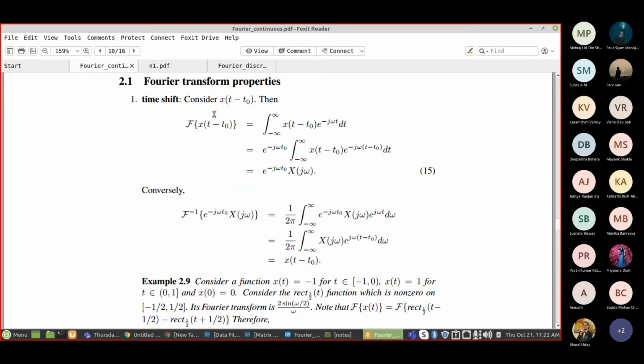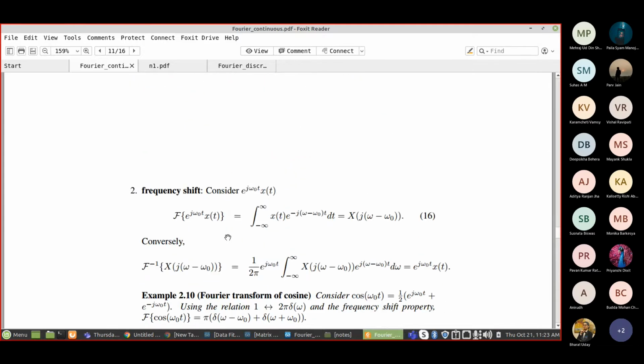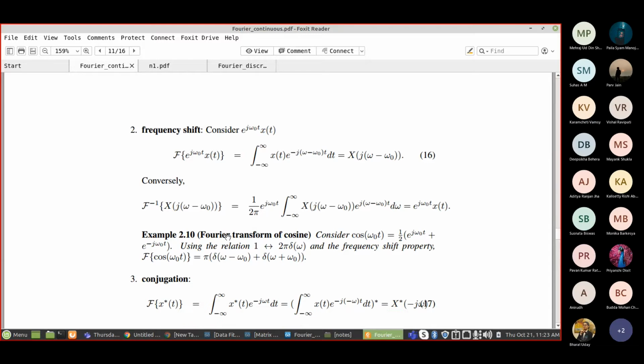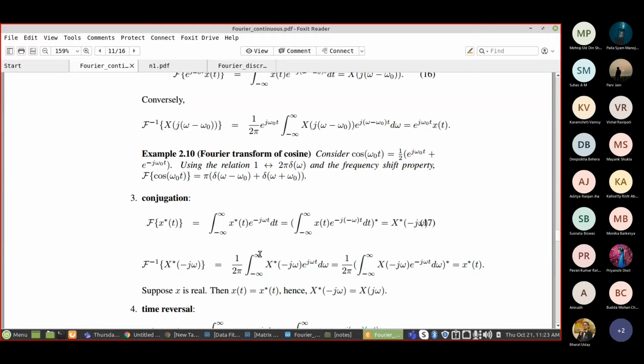If you do time shift here, this is what you get as its Fourier transform, and the inverse Fourier transform of this is the shifted time signal, like that. So this first few, let me not do it because you have already seen this, and you can just read it, and the derivations are pretty straightforward.